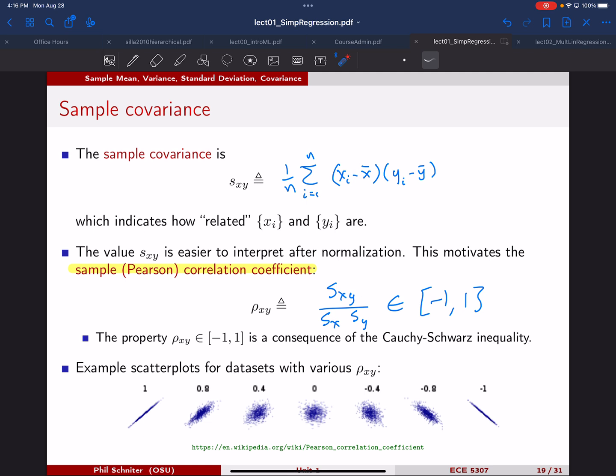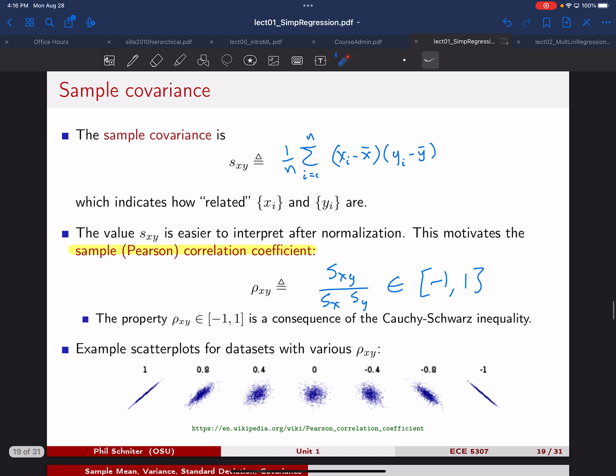And then we said that the sample covariance is itself a little bit inconvenient to deal with because as the size of the x quantities gets larger or the size of the y quantities gets larger, so does the covariance. So often it's good to normalize this covariance by dividing by the standard deviation of x and the standard deviation of y.